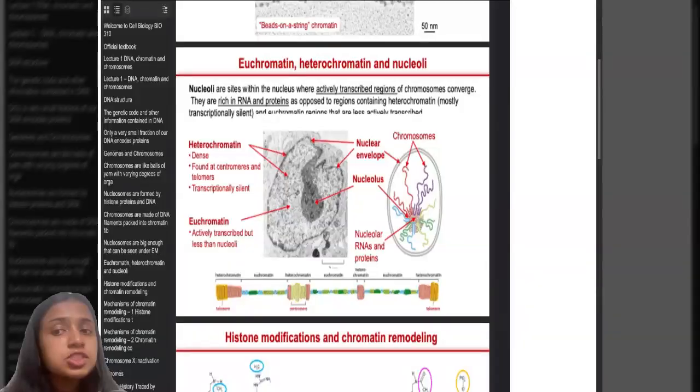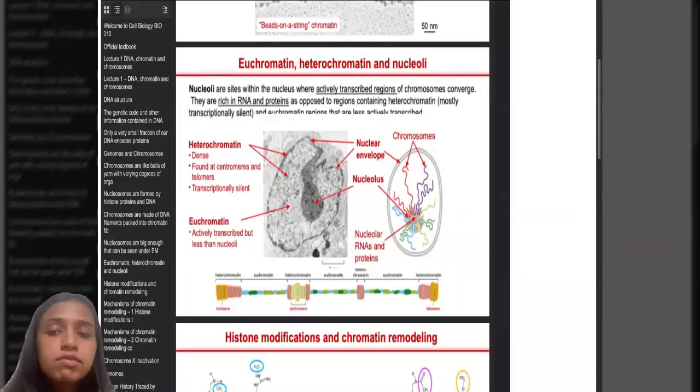Heterochromatin is dense, it's found in the centromeres and telomeres, and it's transcriptionally silent, whereas euchromatin is actively transcribed, right?